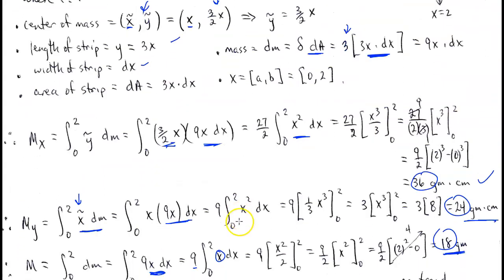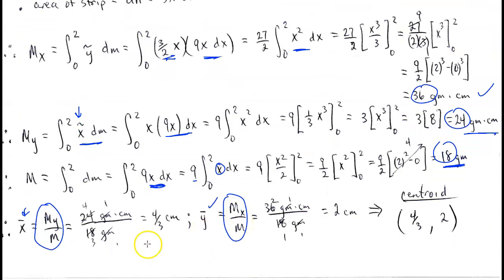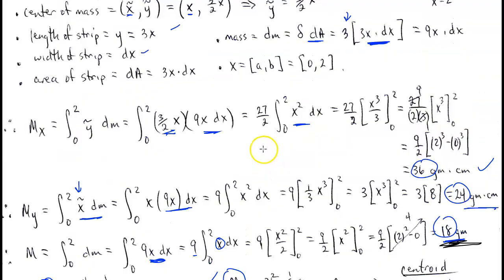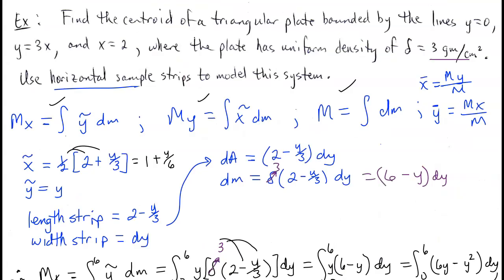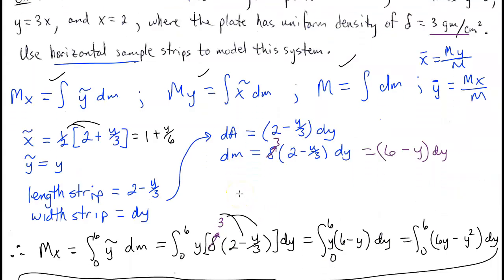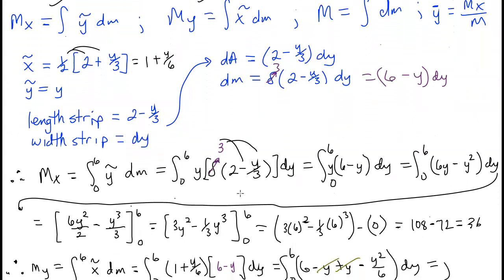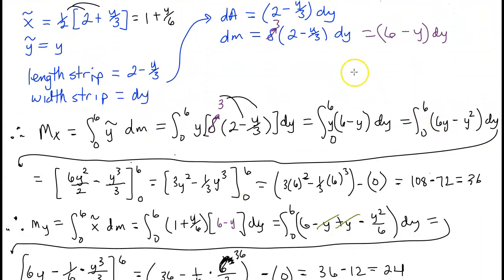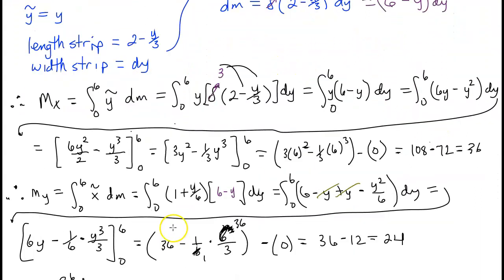So the same value that we got for that whenever we integrated it out, which was 18 grams, we're going to use the same thing. So I'll go back here. It'll end up being the same thing, even though I have something different here. Okay.